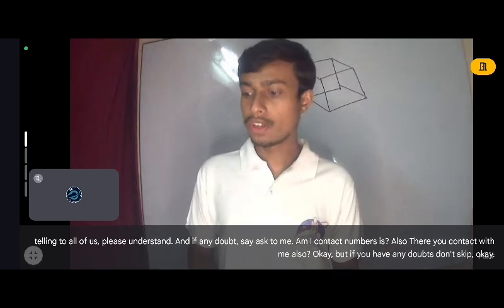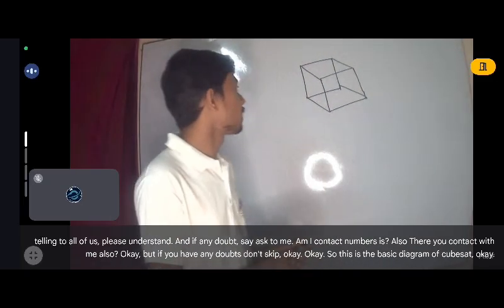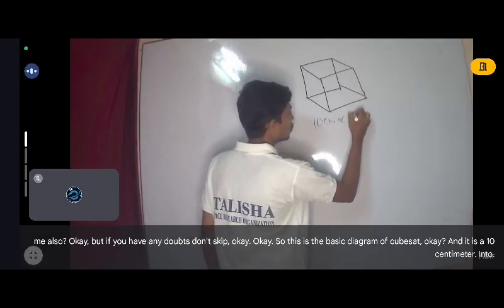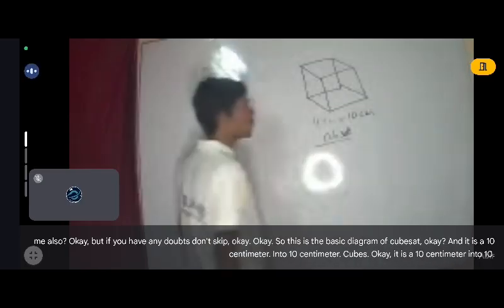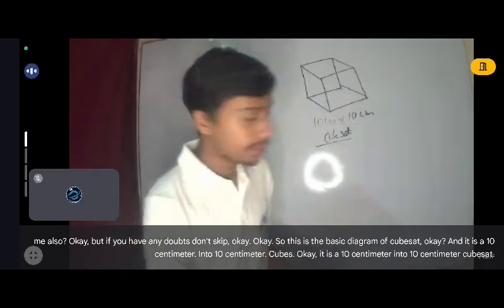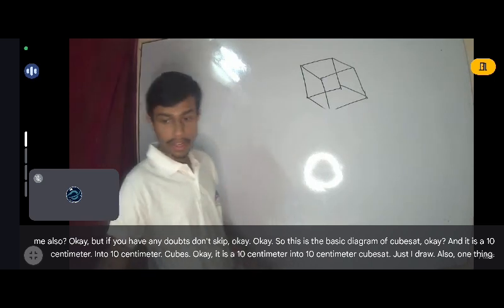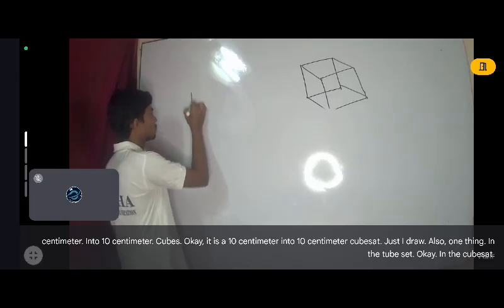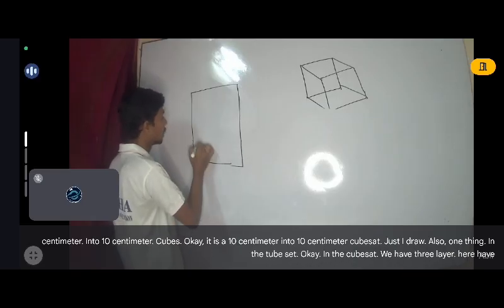Okay. So this is the basic diagram of a CubeSat. It is a 10 centimeter by 10 centimeter CubeSat. In the CubeSat there are layers.